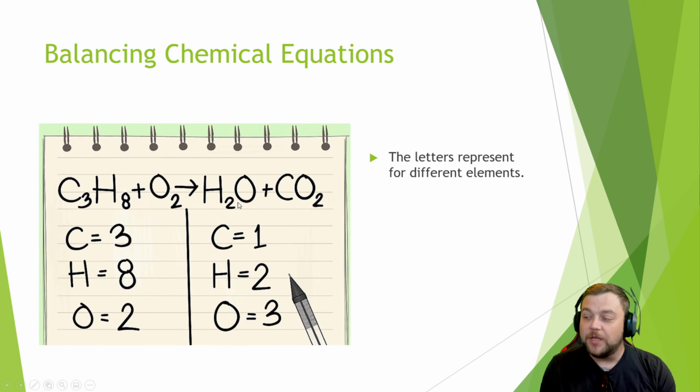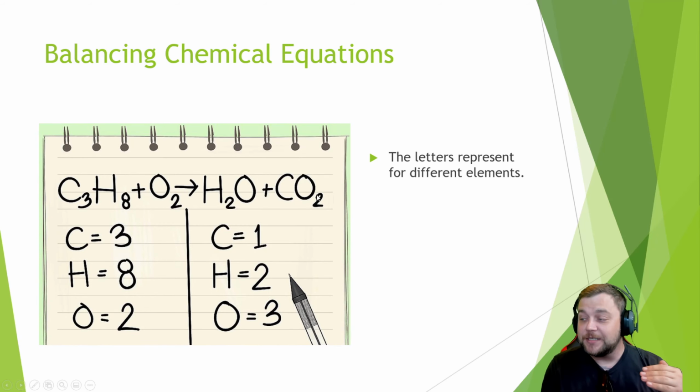The way that you do that is going through multiplication in a way, okay? If I wanted to get 3 carbon on this right side, what would I have to multiply this CO2 by? Well, I would have to multiply the CO2 by 3. That would then give me 3 carbon, but then I have 2 oxygen. So 3 times the 2 is 6.